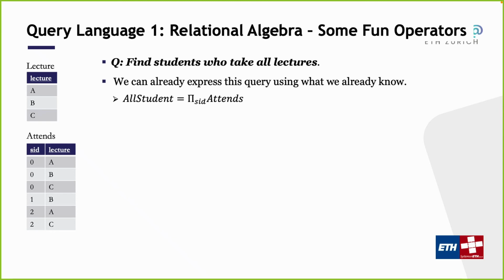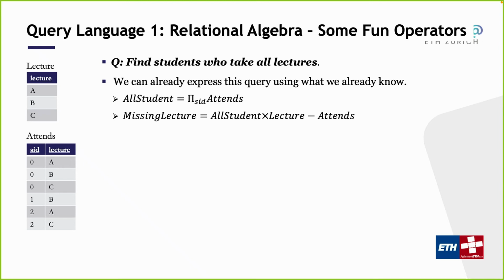We take all the students, and then we try to take those students who are missing some lectures. How can we write that down? We take all the students and cross-product with the lecture relation. That gives me all the pairs of students and lectures. And then compute the difference between all the possible pairs and the pairs that you already have.